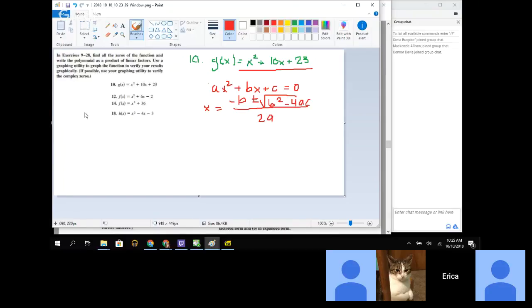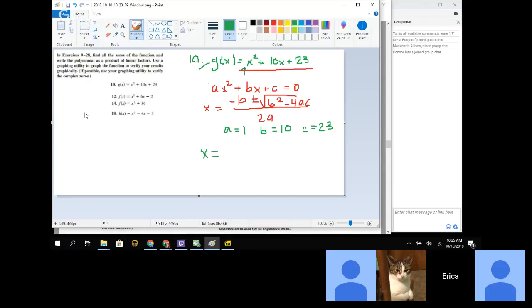In our equation g, a is 1, because there's no number out in front of x squared. b is 10, and c is 23. So let's figure out what our roots are using the quadratic formula.